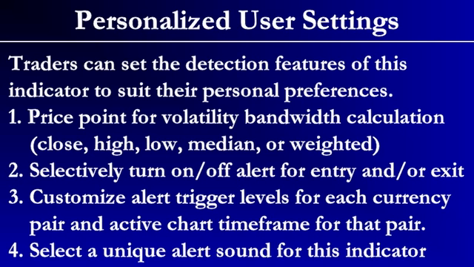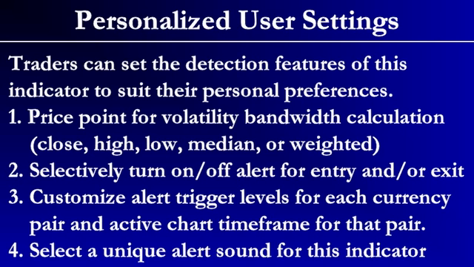Some traders might want to use the closing price for a candle, or a high or a low or a median or a weighted price, and they have that choice with this indicator. Secondly, they can selectively turn on or off the alerts for both entry and for exit. There are separate turn-off features, one for entry and one for exit.